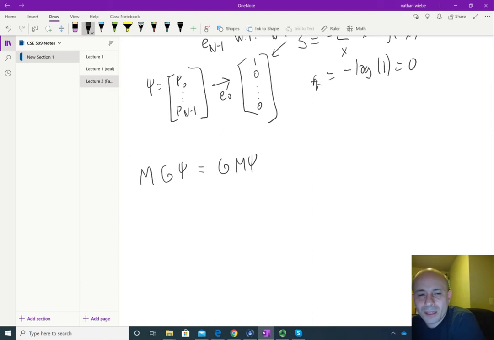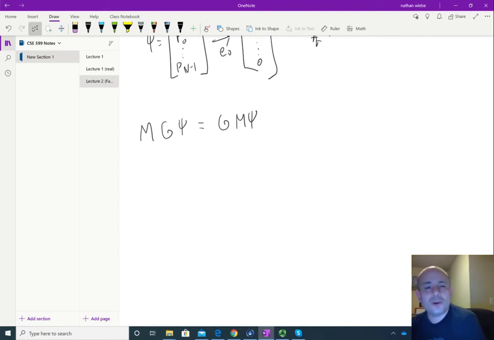The probability distribution we get out is independent of whether we measured earlier or later. So from that perspective, measurement is kind of an irrelevant feature of this theory.